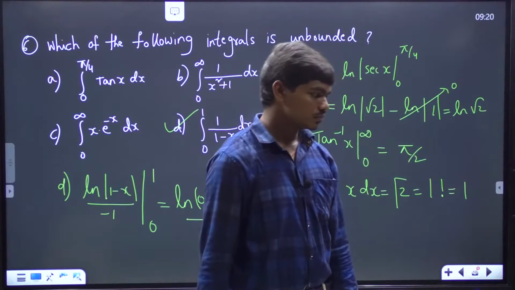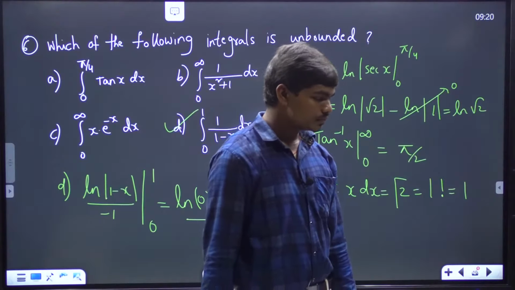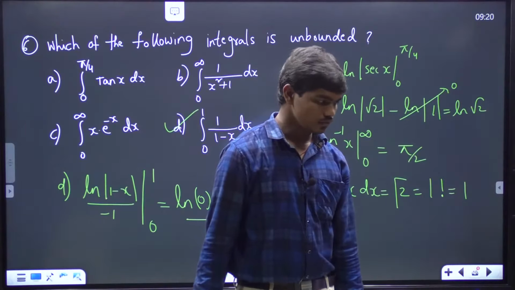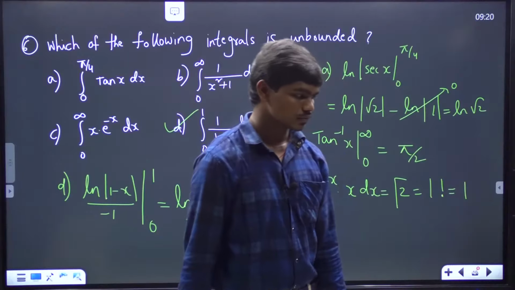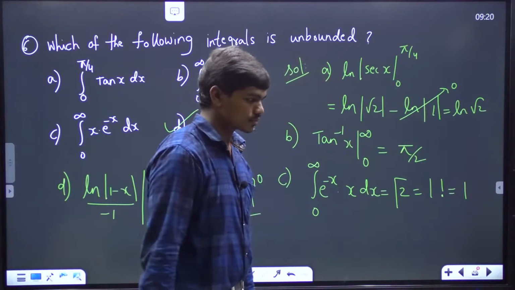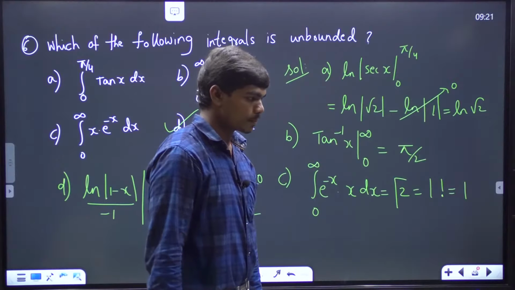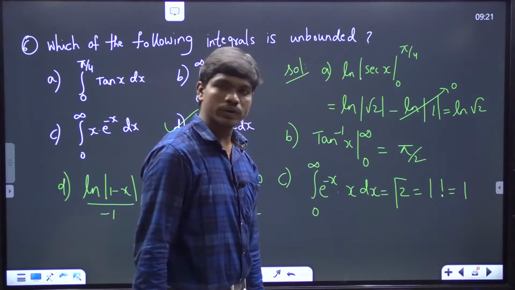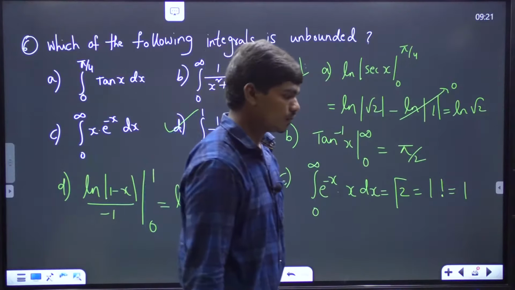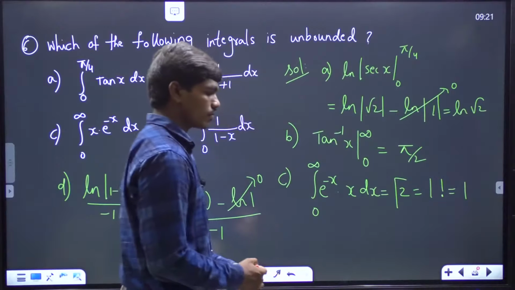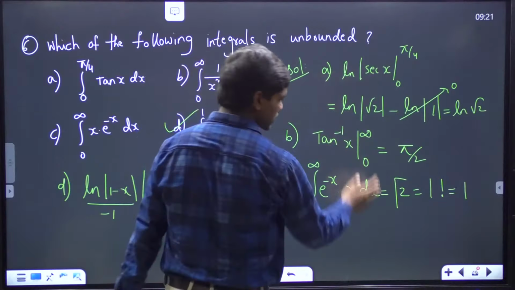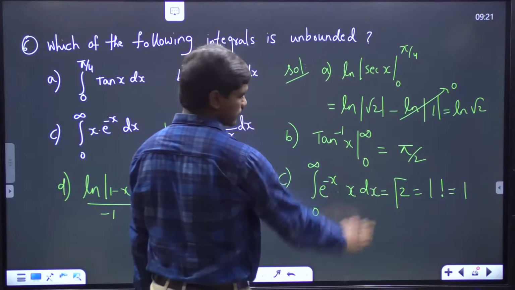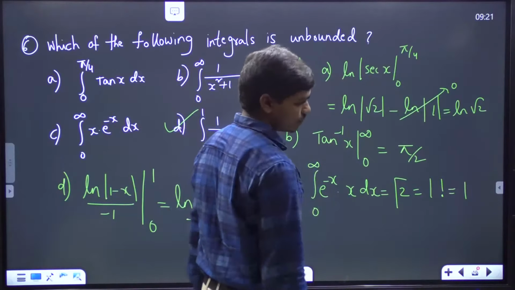Clear? Is it okay for all of you? See, these are the three options which are finite, but this integral is not a finite value.